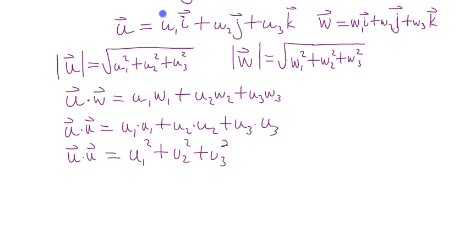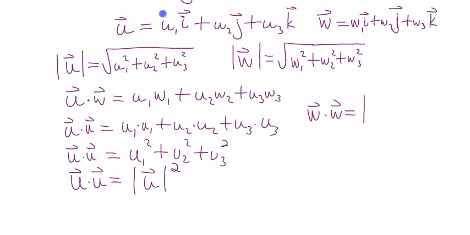Or we could say that u dot u is equal to the square of the magnitude, right? Okay? So what could we say about w dot w? w1 squared plus w2 squared plus w3 squared, magnitude of w squared. Okay? We're going to get there eventually. We might as well get there right away.